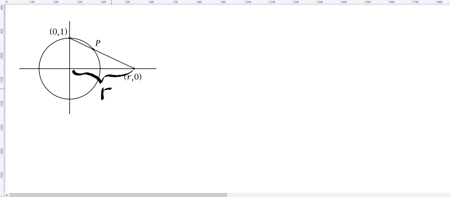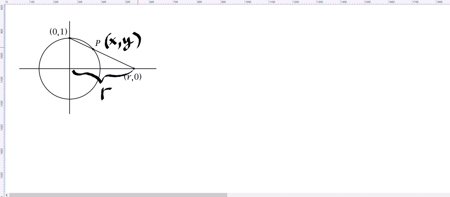And so if we must generate a circle of radius r other than 1, this r corresponds to that general radius, not necessarily equal to 1. Of course, we know that this point P here is the general point xy. It could be any point on the unit circle.